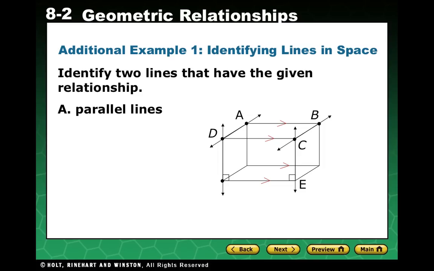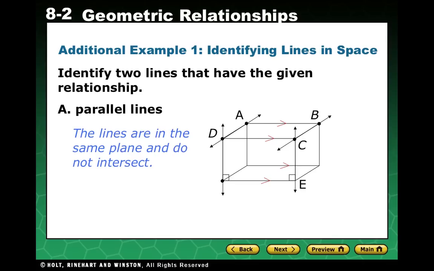So these really are segments, not lines. I would say that segment AB is parallel to segment DC. Then we'll use that little symbol for parallel to show that those 2 line segments are parallel.